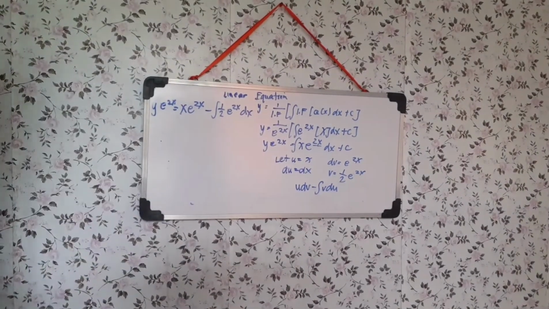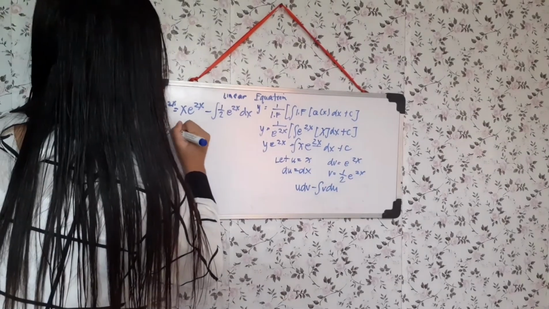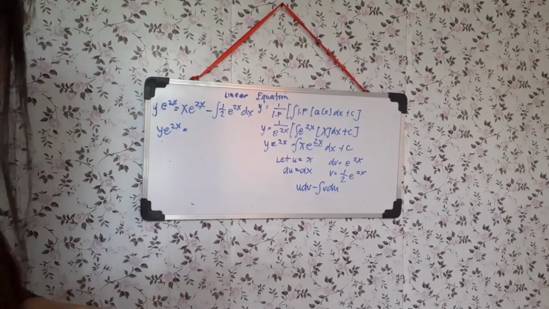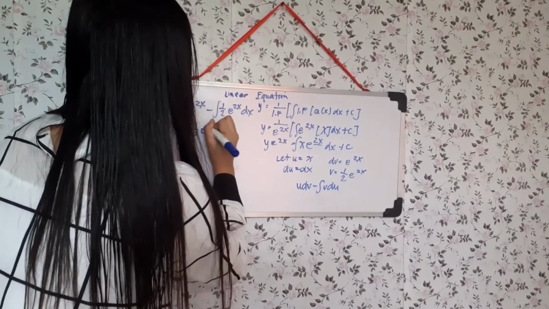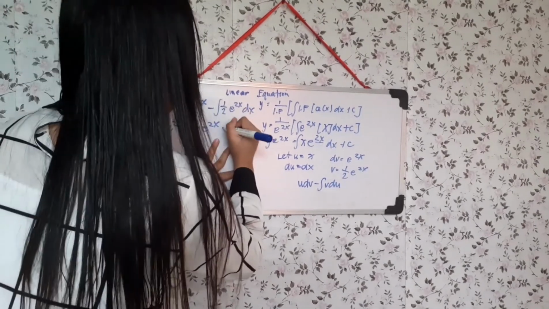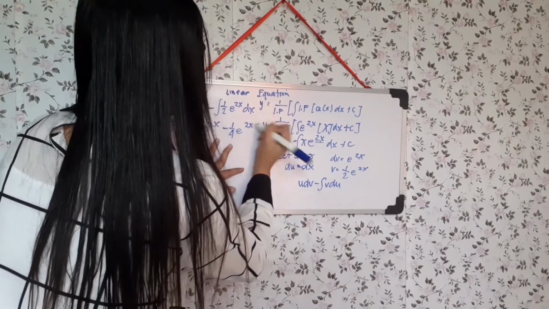Then after that, we have y e to the 2x equals 1/2 x e to the 2x minus the integral of this, which is 1/4 e to the 2x.